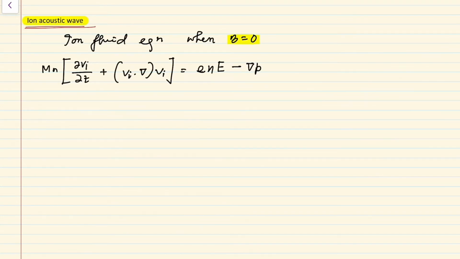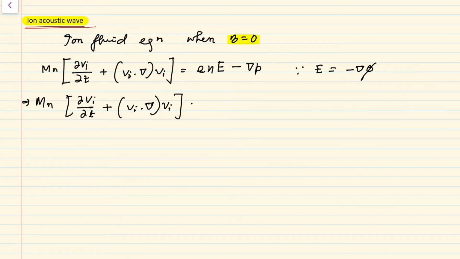Now we know that electric field is given by the negative gradient of potential, minus del phi. So this equation becomes M n (del v_i by del t plus v_i dot del v_i).